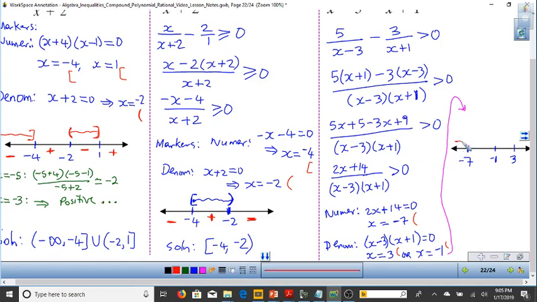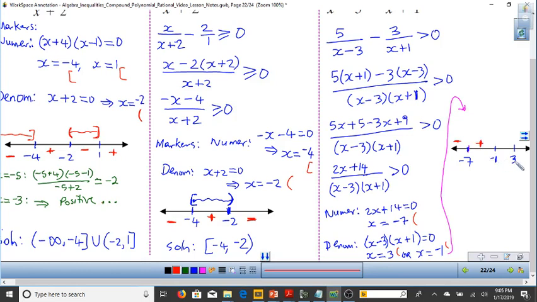So there's a negative on the left side. And then between -7 and -1, we can try -5. 2 times -5 is -10 plus 14, that's a positive 4. -5 minus 3 is -8, and -5 plus 1 is -4. Positive divided by negative times negative is positive divided by positive, and that happens to be positive.